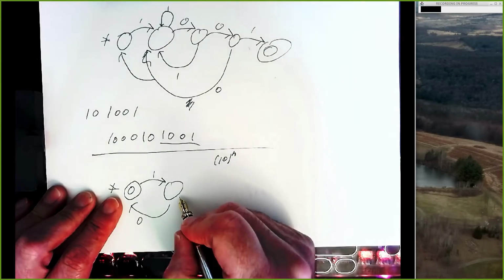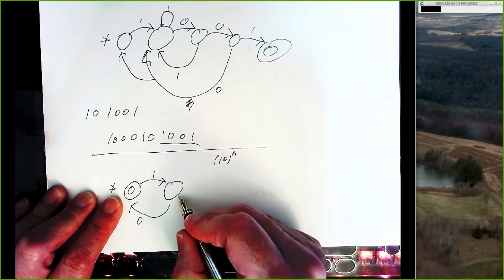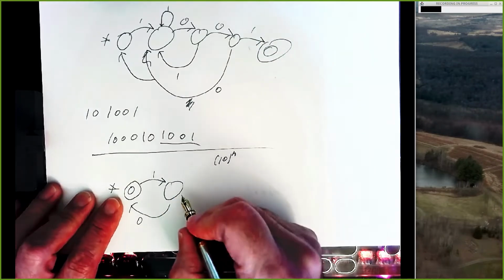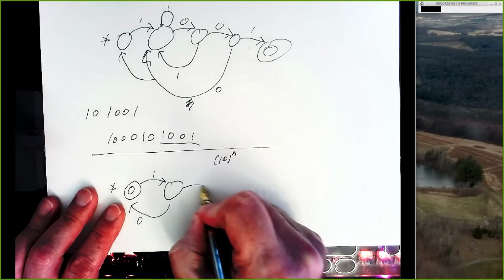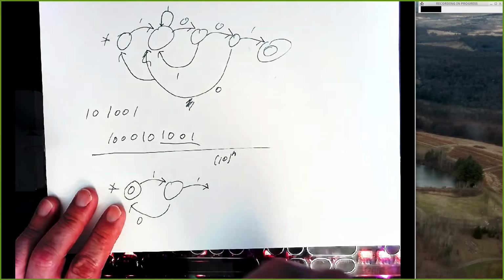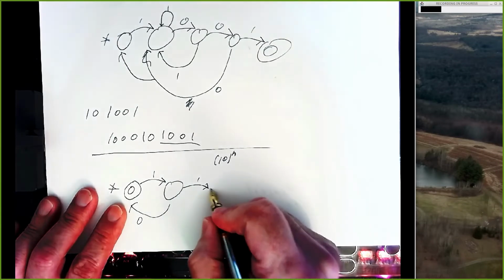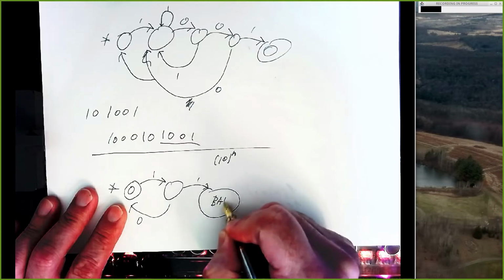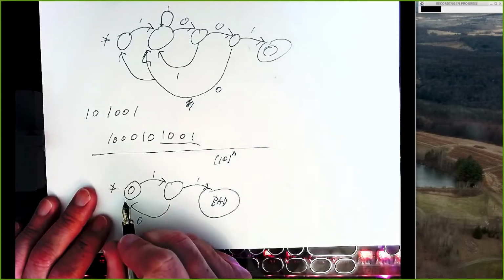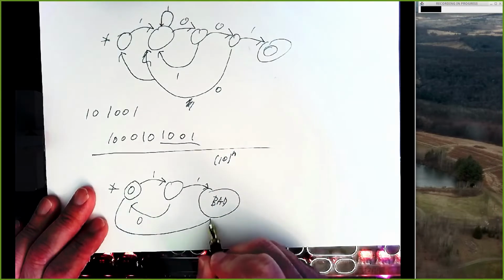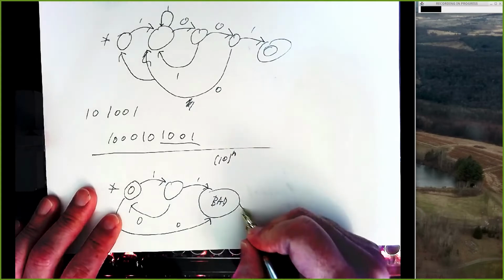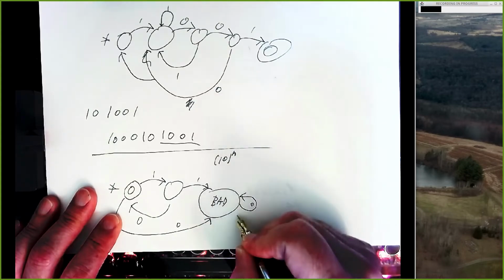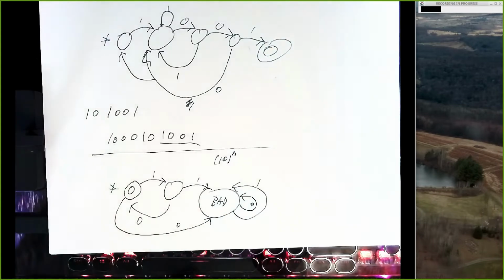And if we're in this state, if we got a 1 and over here we see a 0, we see another 1, then that could take us to our bad state. And if we're over here and we're expecting a 1 and we see a 0, that could take us to our bad state. And over here we can just stay in our bad state forever.